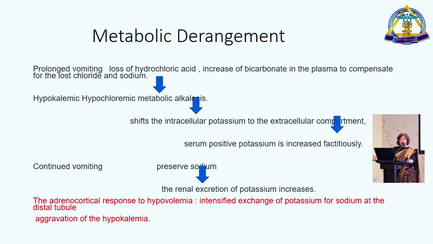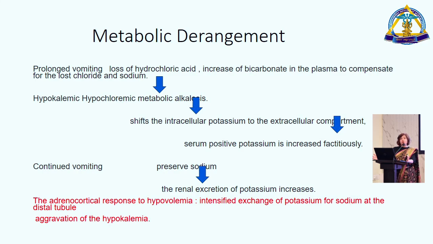When there is loss of hydrochloric acid, there is an increase in bicarbonate in the plasma to compensate for the lost chloride. Because the total number of anions and cations must remain the same, they must balance each other to maintain the internal milieu of the body. Derangement of this internal milieu can lead to mortality also.